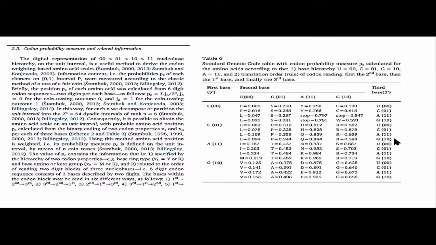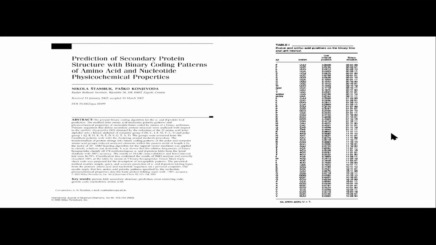But this correlation is somewhat weaker than the first one. So this is the representation of the combination 1, 2.